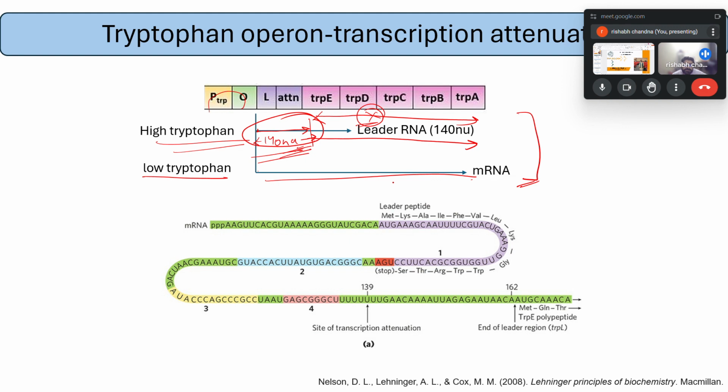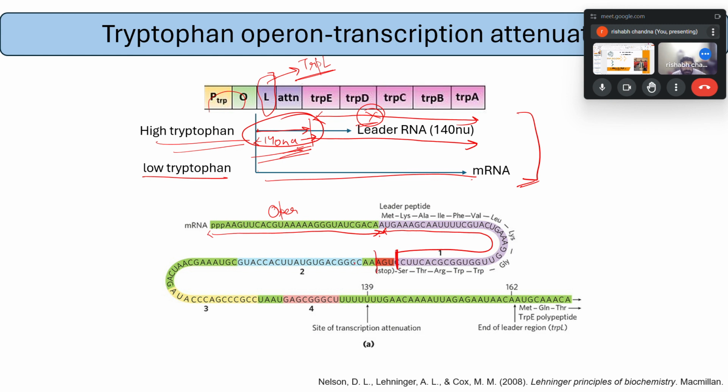This is the operator region marked in green, followed by the leader mRNA. From here comes the leader mRNA. This region is the leader sequence, which in some books is also written as trp L. It codes for a leader peptide. Till here it's the leader peptide, followed by a stop codon.